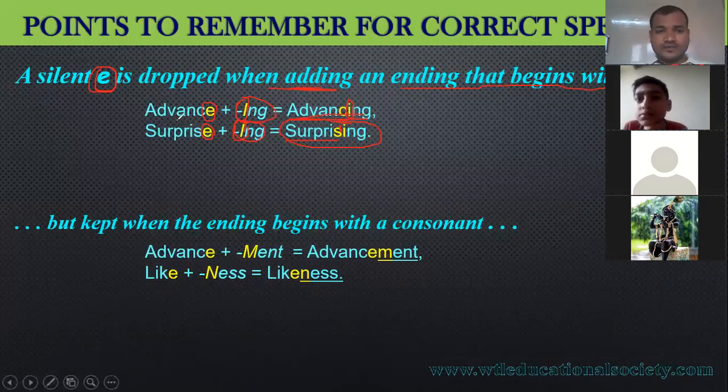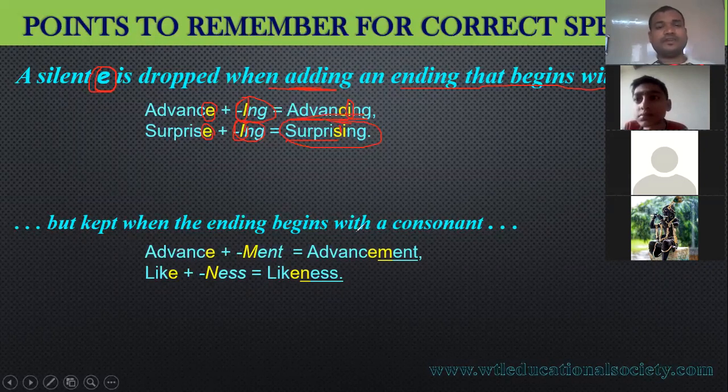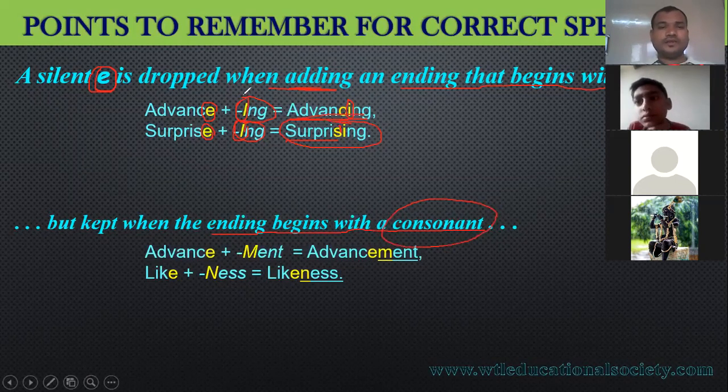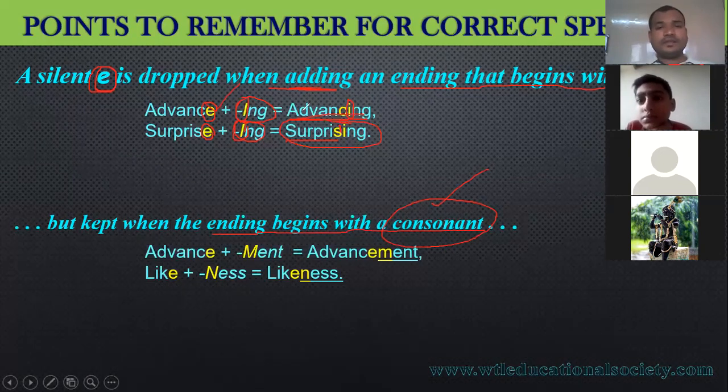The silent letter will remain the same if the ending begins with a consonant. If it is a vowel, we omit letter E. If it is a consonant, we keep the letter E the same.